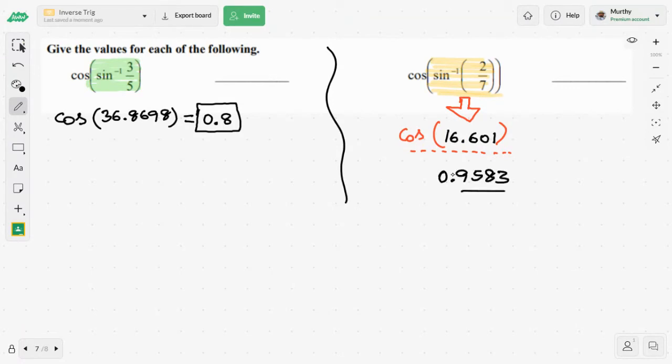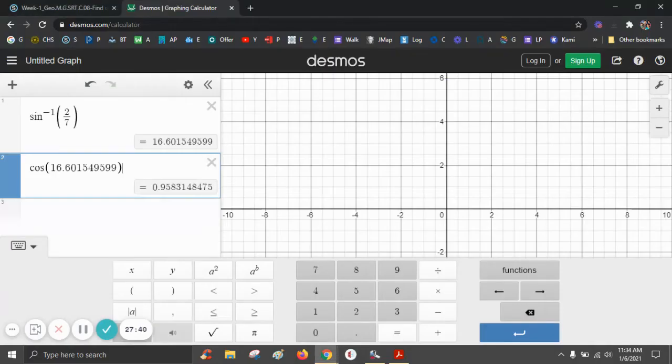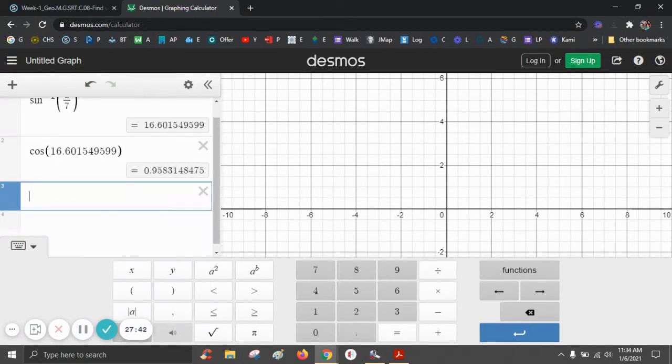You know, there is a shortcut. The shortcut is that you can type the entire question straight away in the Desmos. How is it possible? Let me go back and enter here.